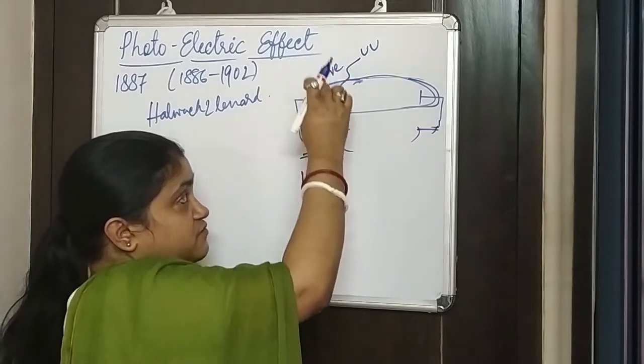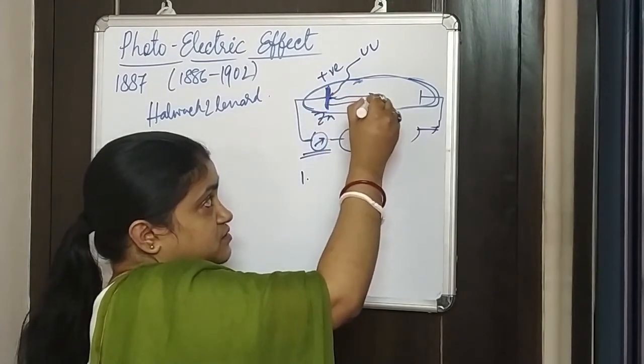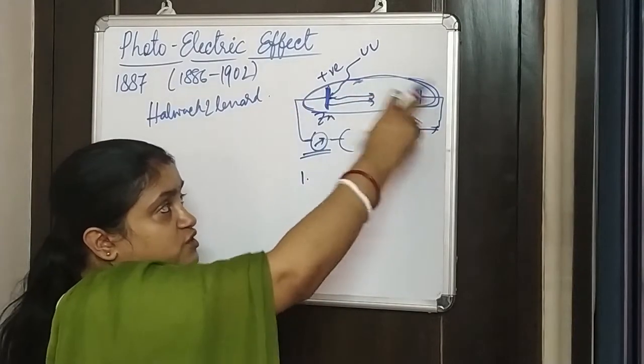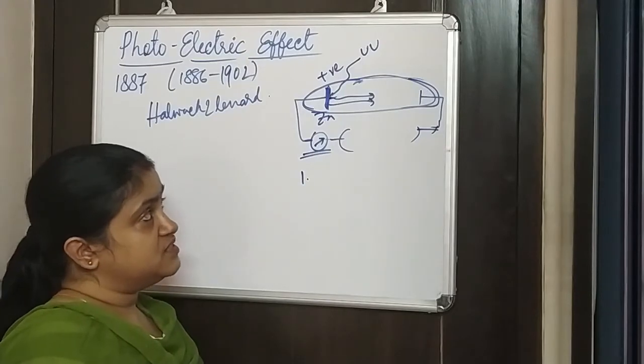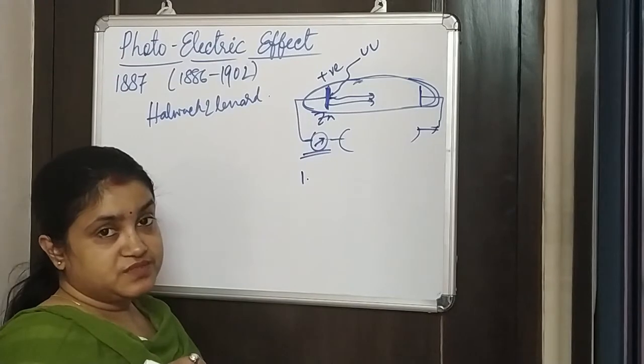If there is a current, it means somewhere negative particles are leaving this plate and moving towards the other plate.